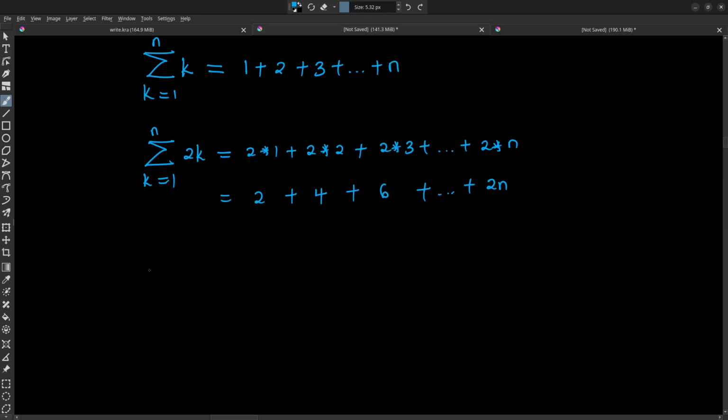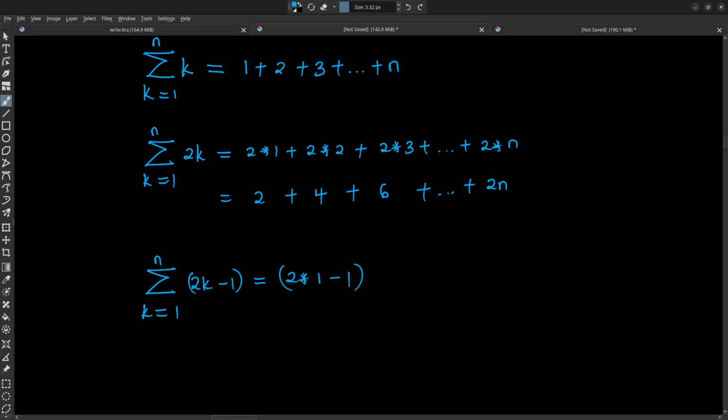Another example is, when I tell you to find the summation from k equals 1 all the way to k equals n of 2k minus 1, what do you do? You just plug in. For the first term, k equals 1, so we have 2 times 1 minus 1.